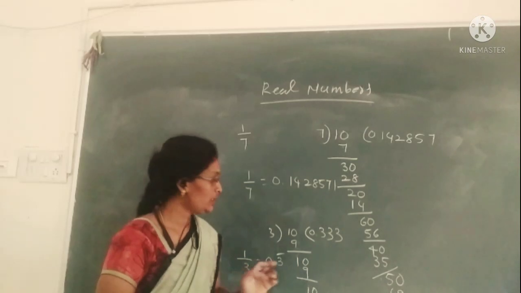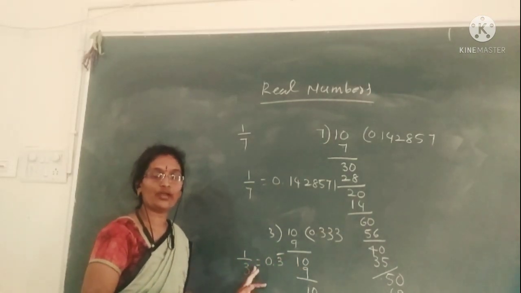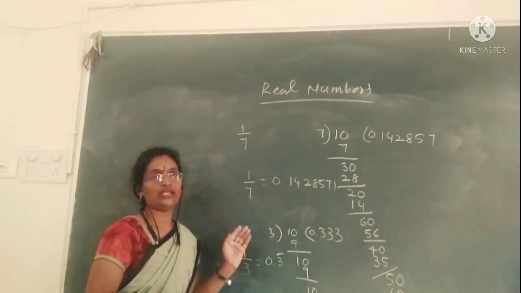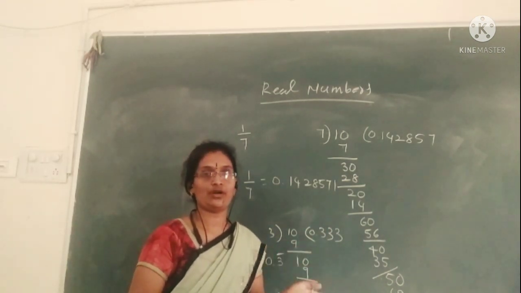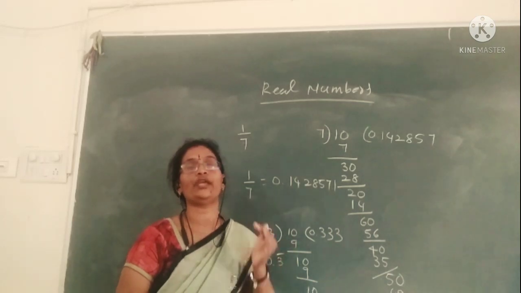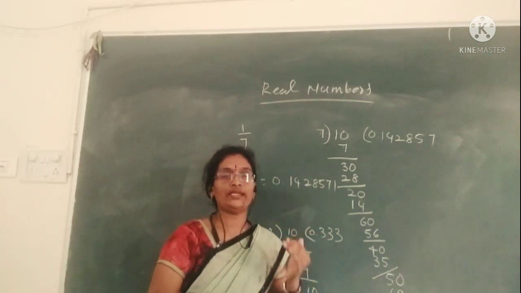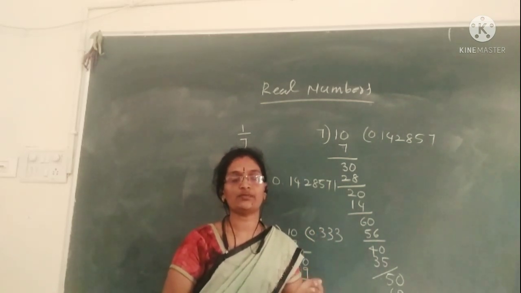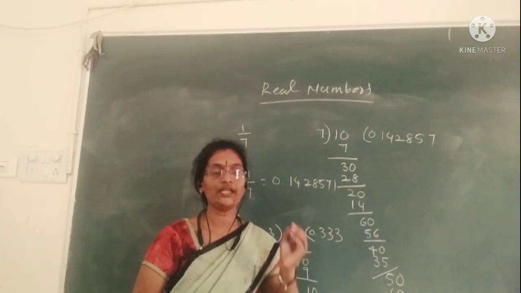So in a denominator, if we cannot write it as 2 to the power of n and 5 to the power of m, this is a non-terminating repeating decimal. Where n, m are non-negative integers.